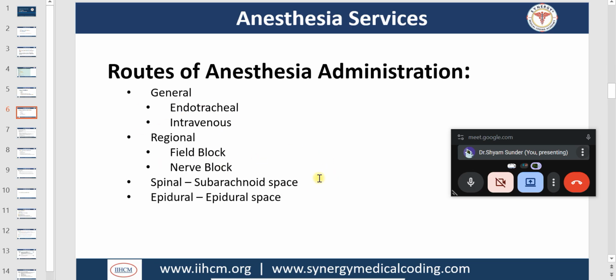It also depends upon the time duration. If it's a minor procedure, you do it in 5 to 10 minutes max, local anesthesia is fine.